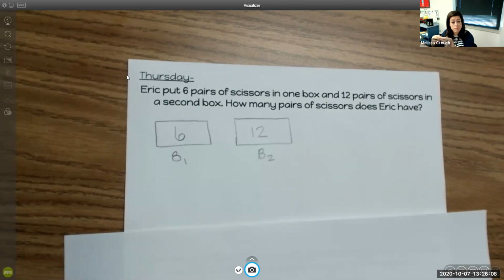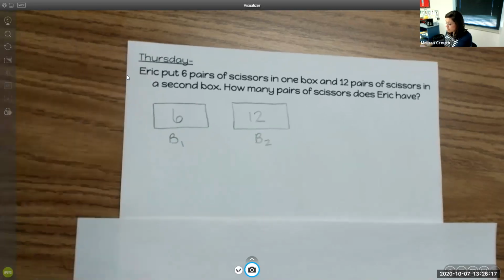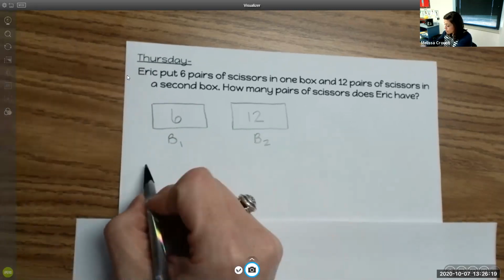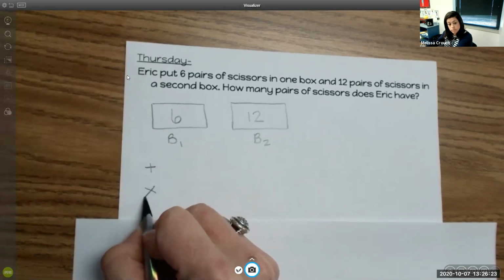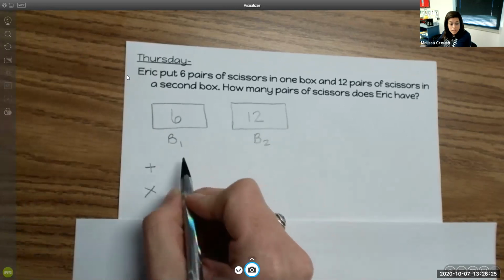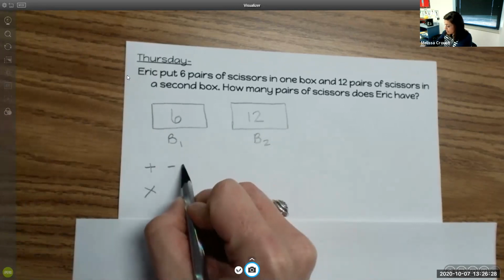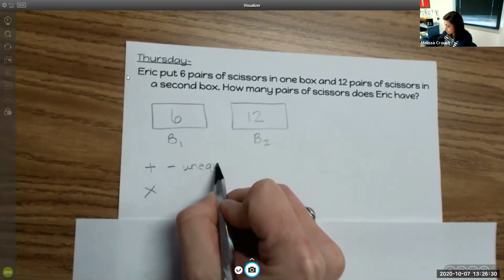And when I put something together, I can either add or I can multiply, right? So when you are putting something together, you're going to either add or multiply. The difference is, in addition, you have unequal groups.